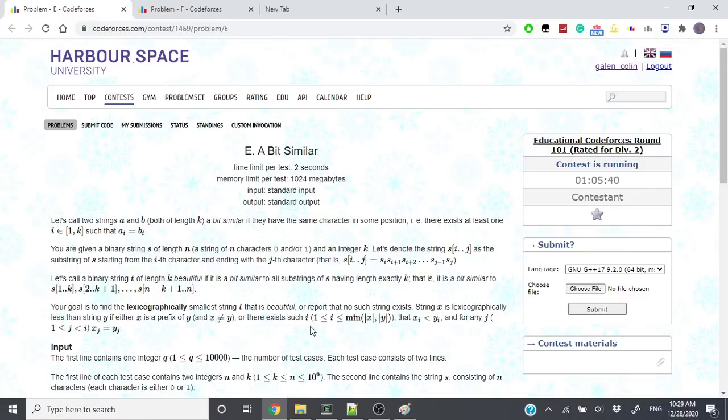Maybe it's even easier than that, actually. I think we only care about the last few characters.